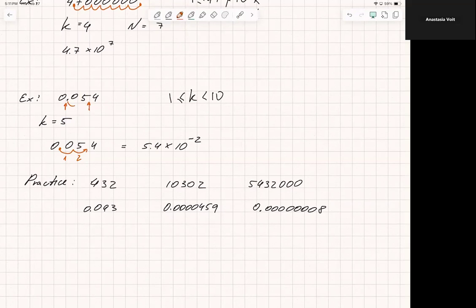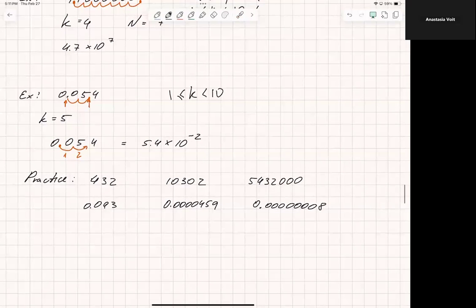So we would have 1, 2 times. So this 2 is our n. Now we are ready to write it in the form of k times 10 to the nth power. As you can see, the original value is between 0 and 1.